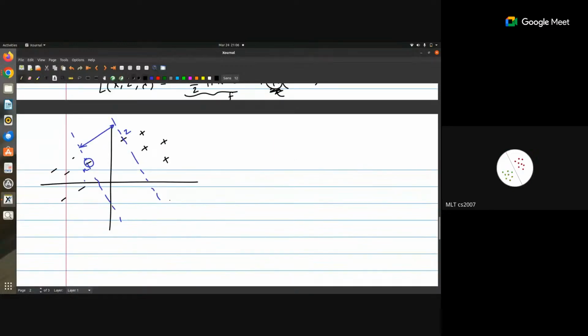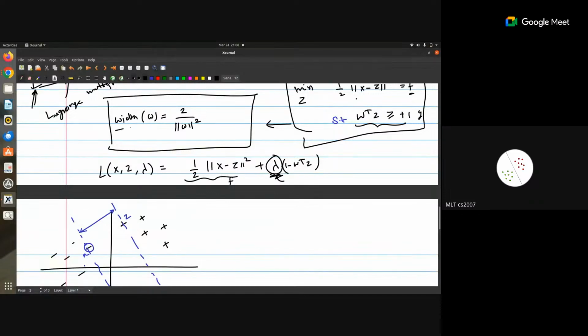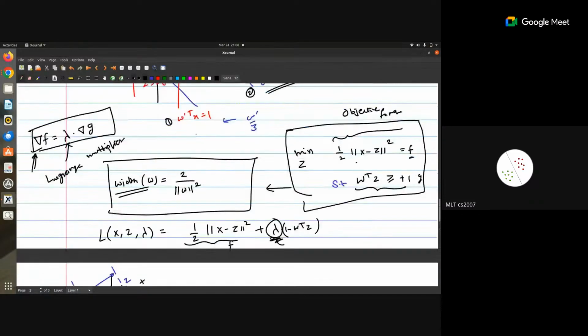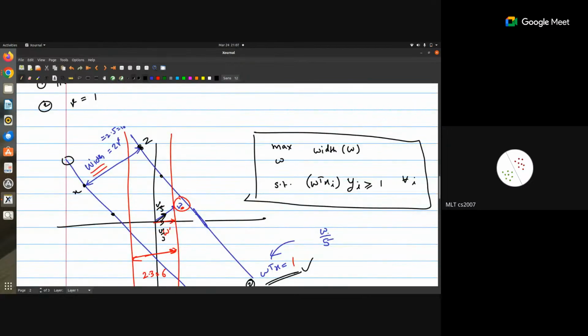Okay. So this was the solution we found for the width of W. Where should I put this solution now? This was a separate problem. Now our bigger problem was this, and this was the goal.